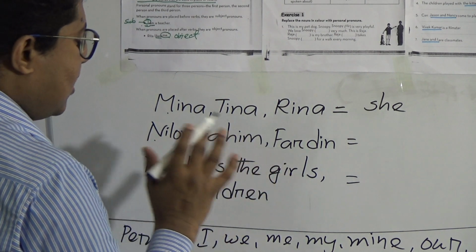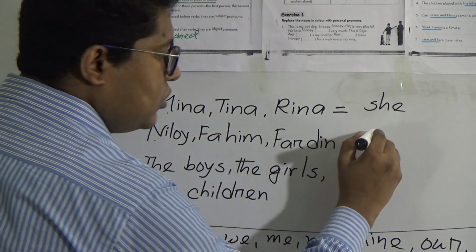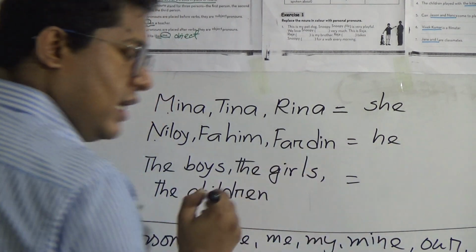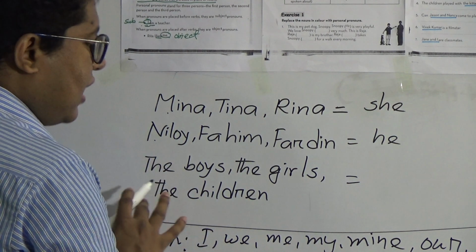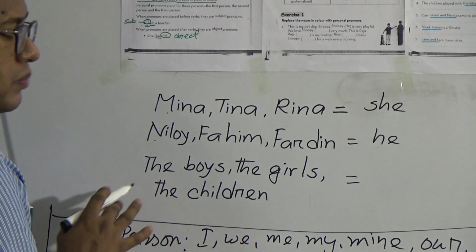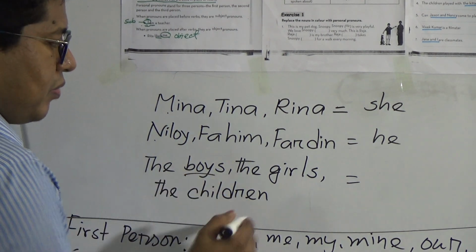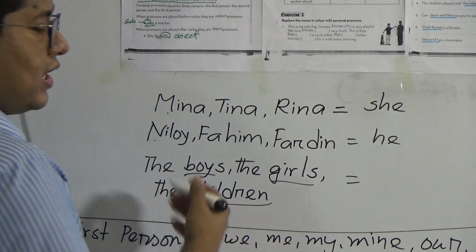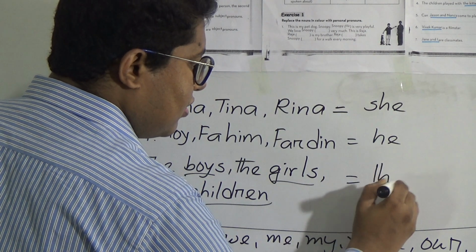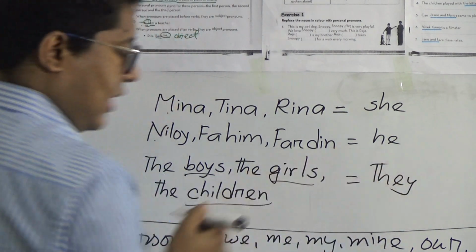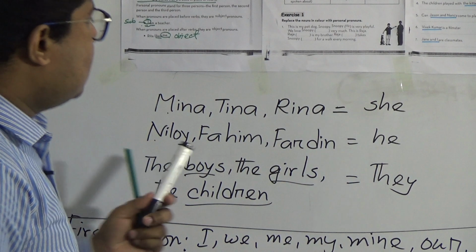So instead of boy or man, we have to use the pronoun he. The boys, the girls, the children. When the nouns belong to third person plural number, boys, many girls, children, a lot of, instead of this, we have to use the pronoun they. Okay? So let's go to our discussion.